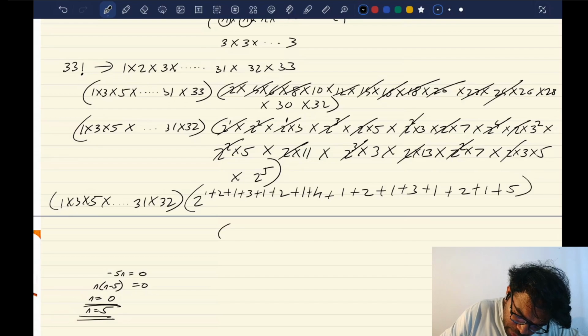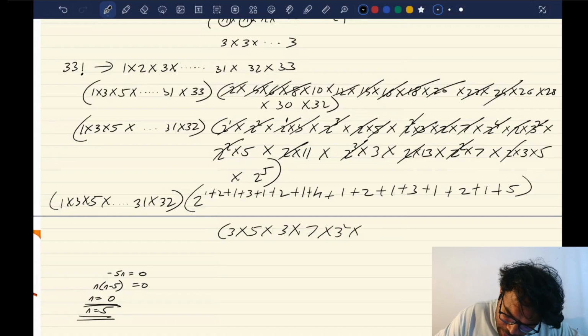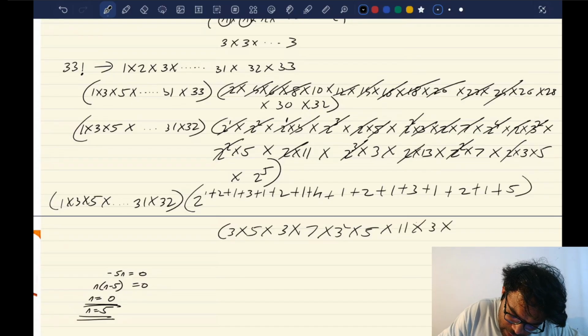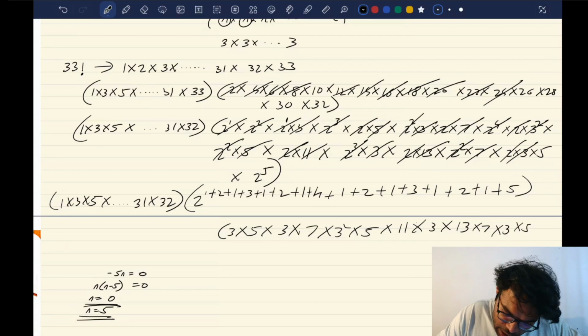And the remaining odd factors are 3 into 5 into 3 into 7 into 3 squared into 5 into 11 into 3 into 13 into 7 into 3 into 5.